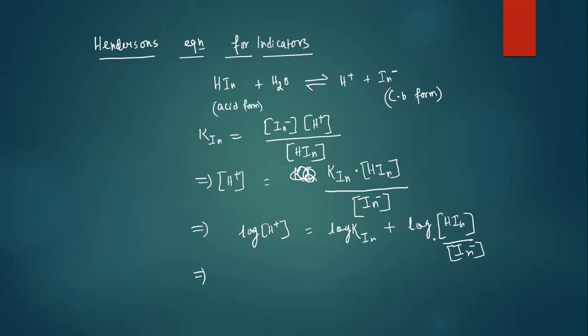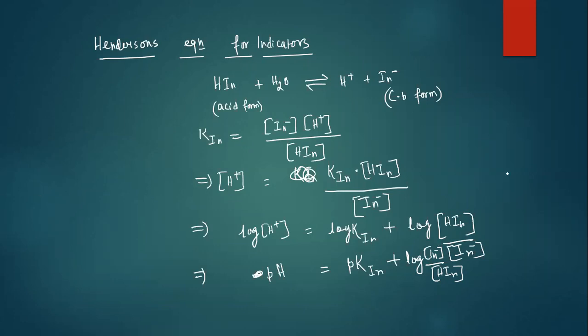If you take negative on all sides, this will be pH, this will be pKIn, and this will be plus. I'll keep it plus, I'll just invert this one. So log In- by HIn. So base form by acid form, nothing else.